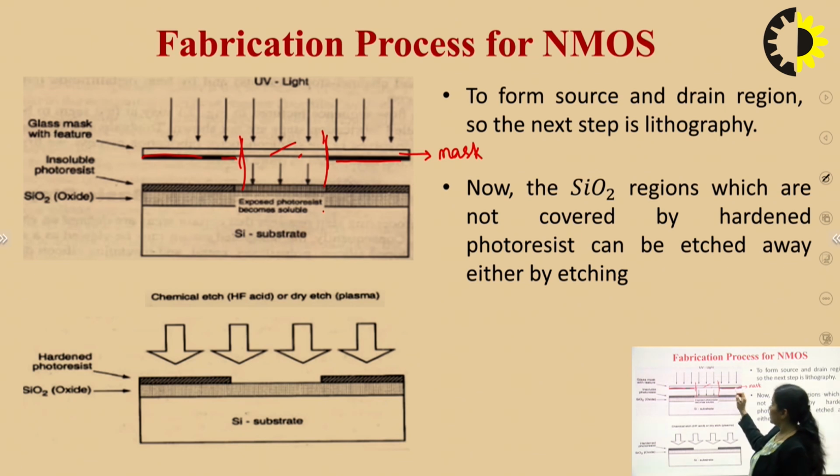In the rest of the area of this mask, the light radiation is obstructed. It will not allow the radiation to pass through to reach this substrate. So the radiation through this mask reaches only this space.